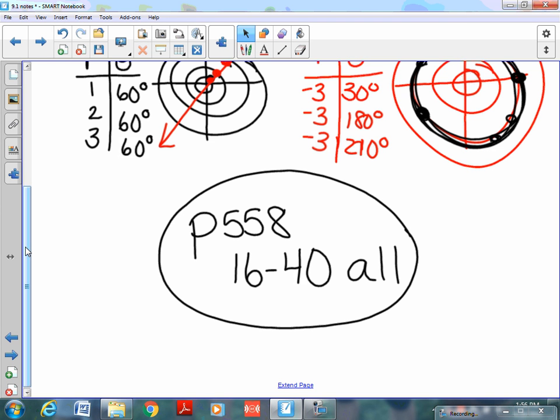You've never done this before. The more you grasp them, the better you're going to get. So, page 558, 16 through 40.